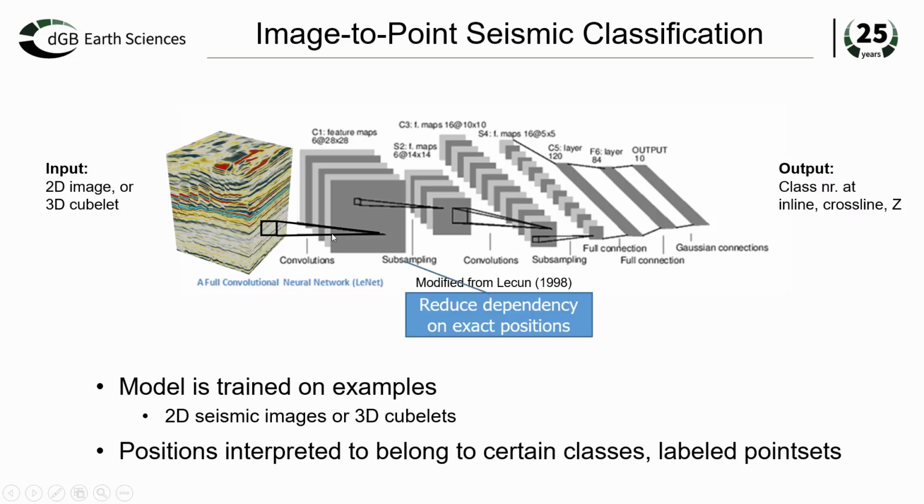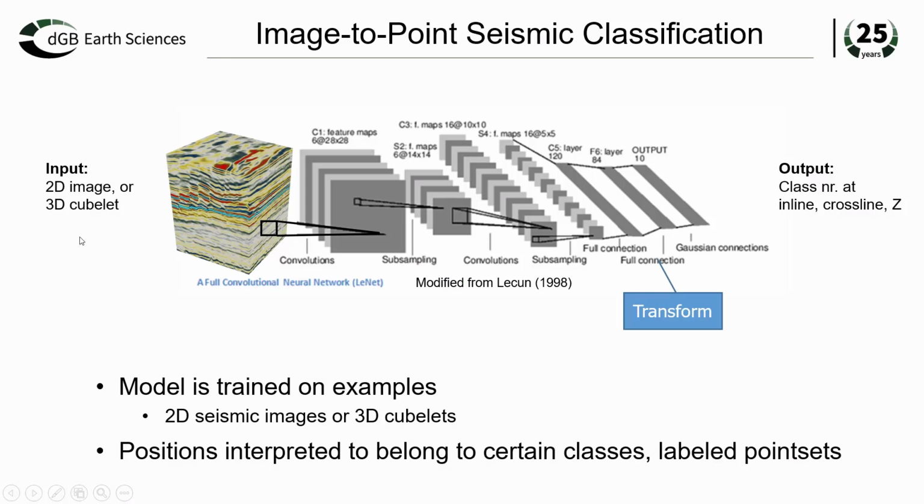We then go through subsampling and convolutions, subsampling again in turn, to reduce the dependency on the exact positions of these points that we have picked. This is basically how this LeNet type of network works that we'll be using in the demo.